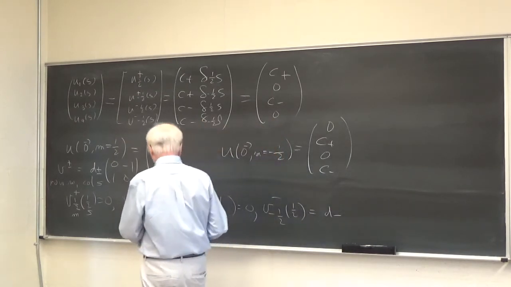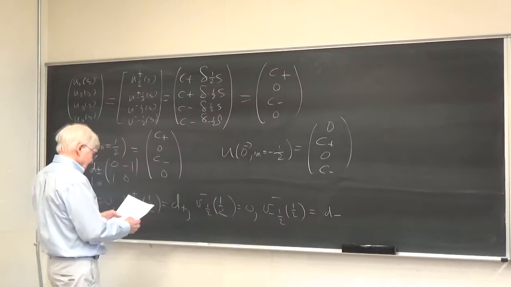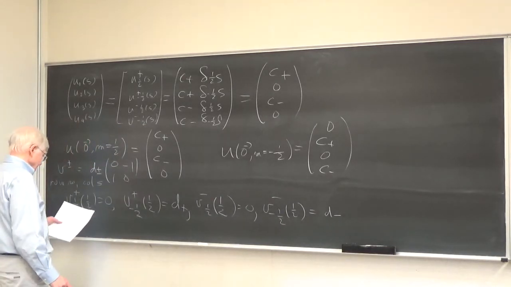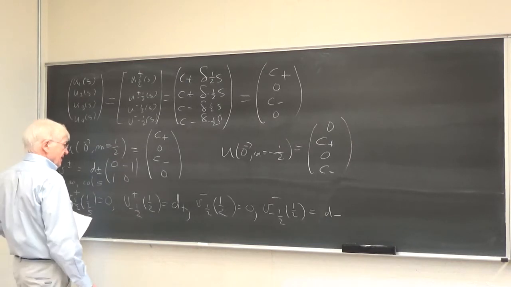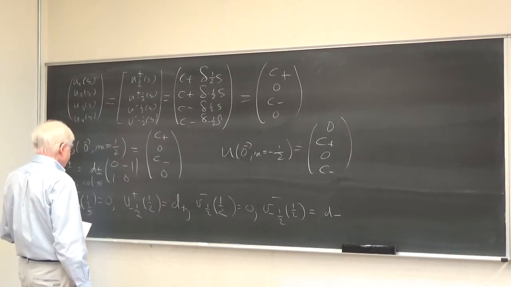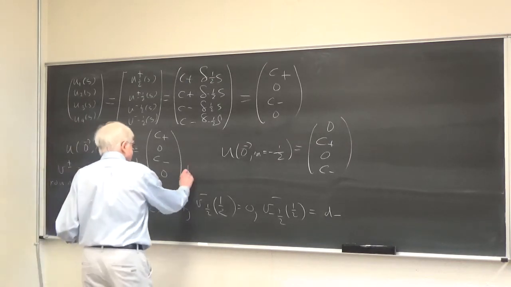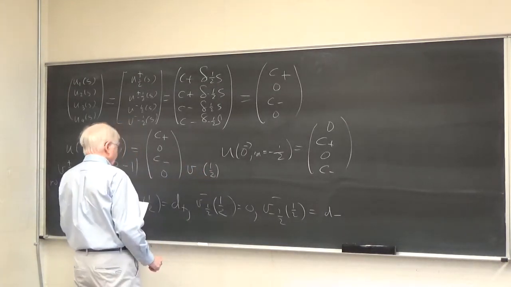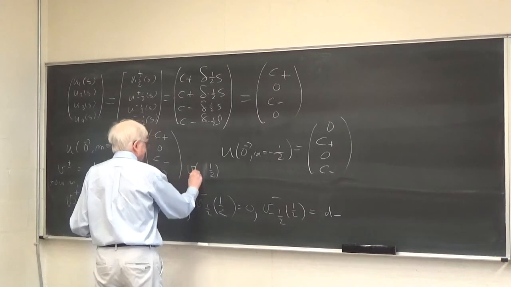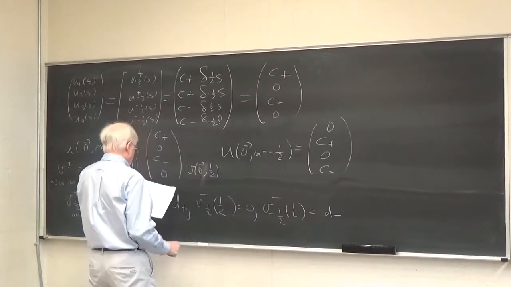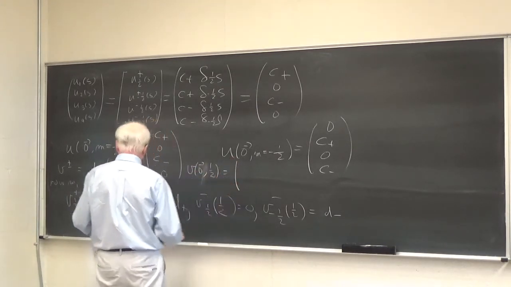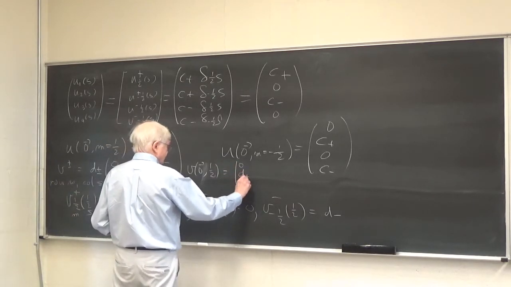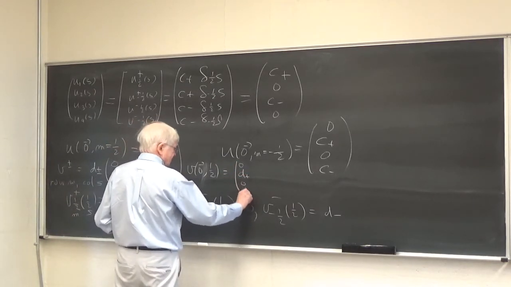So what does that tell us? That tells us that V of 0, 1/2, or if you want explicitly, V 0 1/2 is equal to, the top one is 0, D plus 0, D minus.